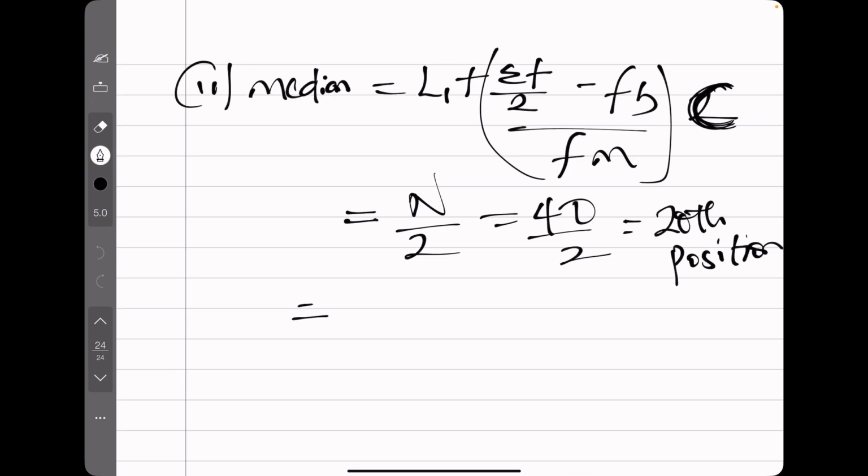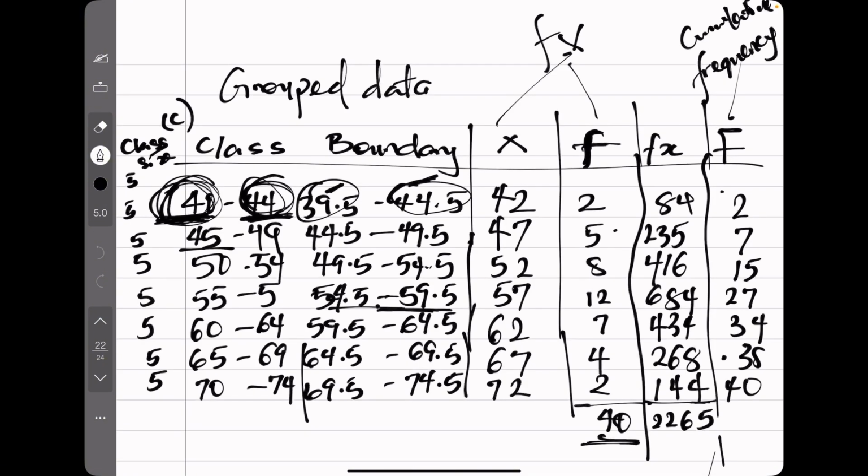So 54.5 is the lower class boundary. So we have 54.5 plus summation F, which is 40 over 2, minus the cumulative frequency before that class, which is 15.